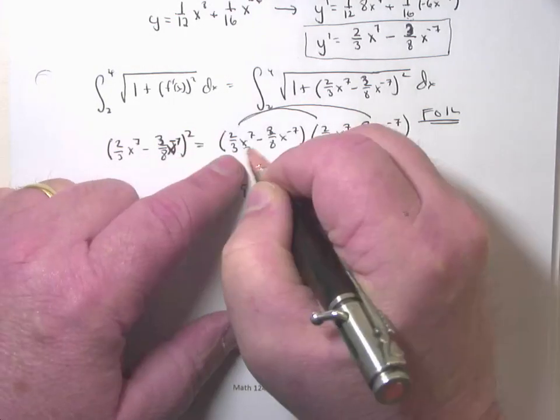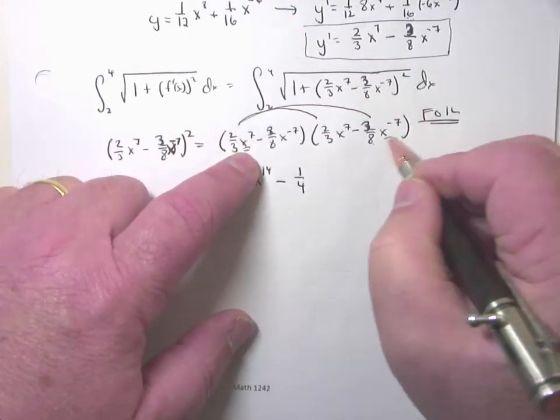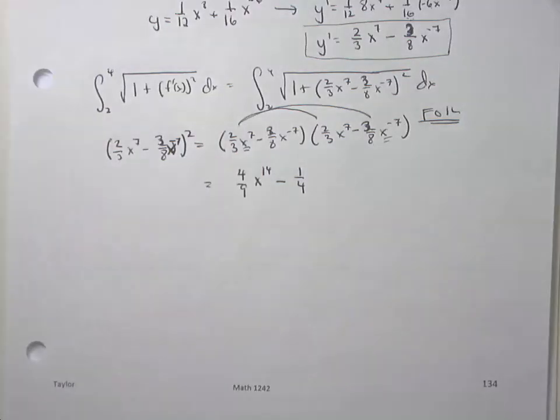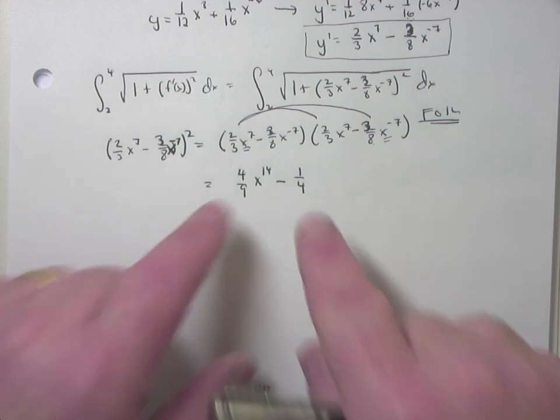Now let's multiply your variables. What's x to the 7th times x to the negative 7th? When you multiply, you add exponents. 7 plus negative 7 is 0, and anything to the 0 power is 1. The variables cancel out. Does that make sense? And you just get 1/4.